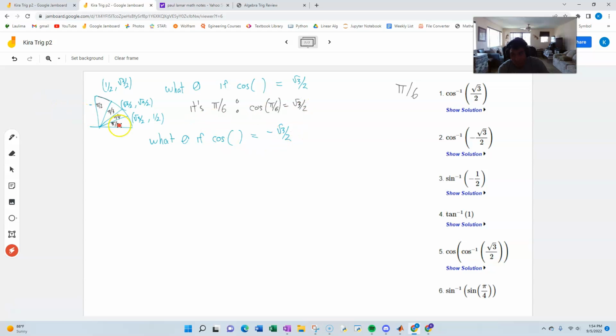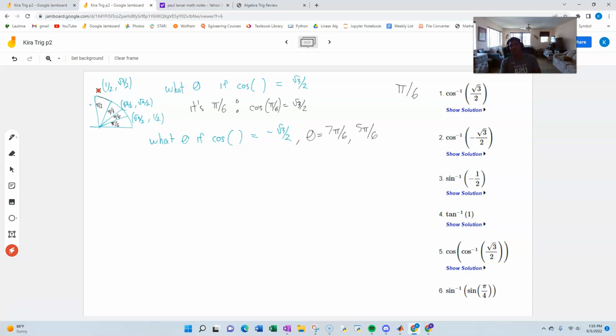Negative square root 3 over 2, I know that's going to be on the other side of the unit circle because it's a negative x. So there's technically two solutions here, right? It's wherever cosine is negative square root 3 over 2. So that happens at 7 pi over 6, right? Happens at 7 pi over 6 and also happens at 5 pi over 6.